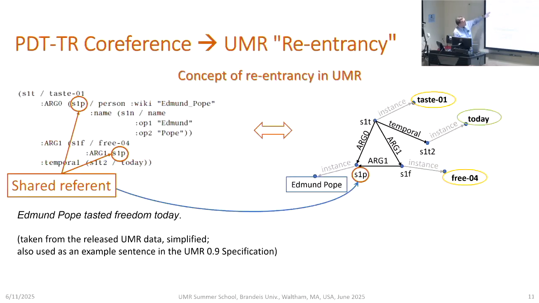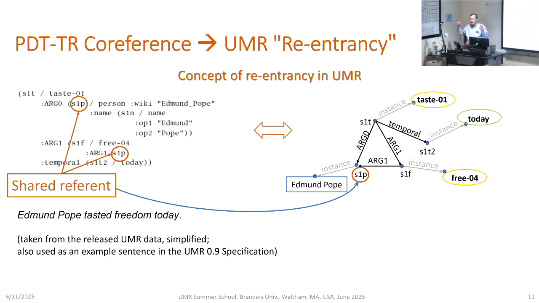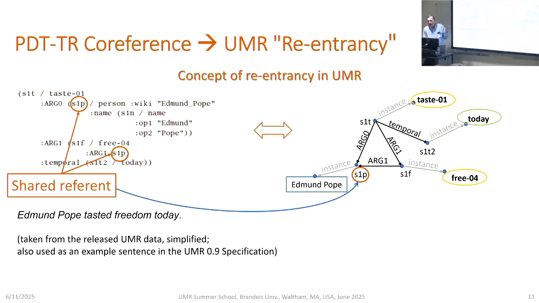So here's an example. In the UMR annotation, by using the IDs of the nodes, we can easily represent a shared referent. So in this sentence, if you have "admin poll tasted freedom today," and you have two clauses, taste it and be free, then it has the same arg0, right?